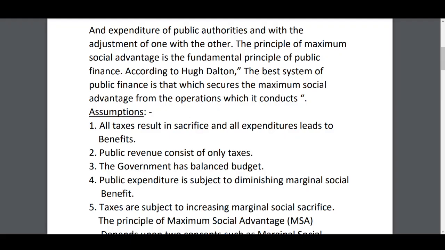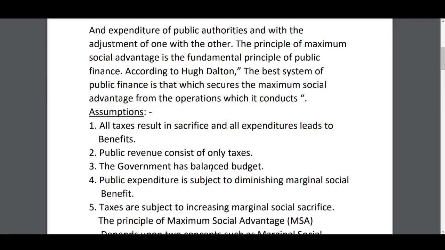These are the assumptions of this theory. The theory will be valid only if the assumptions are correct, as the validity of this principle depends upon these assumptions. Now, the third point: the government has a balanced budget, meaning the budget should be a balanced one.